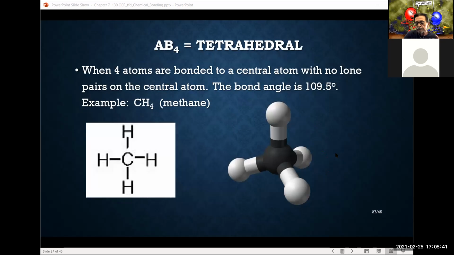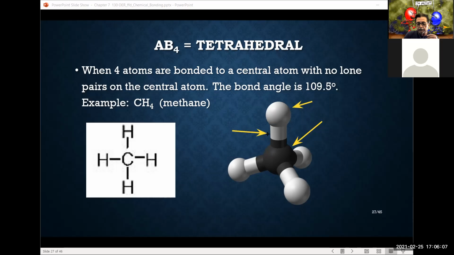The most common configuration found in nature is what we call the tetrahedral. Here we have an example of methane. It has carbon with 4 hydrogens bonded around it, denoted by the three-dimensional model here. The black is the carbon, and the white spheres are the hydrogen.